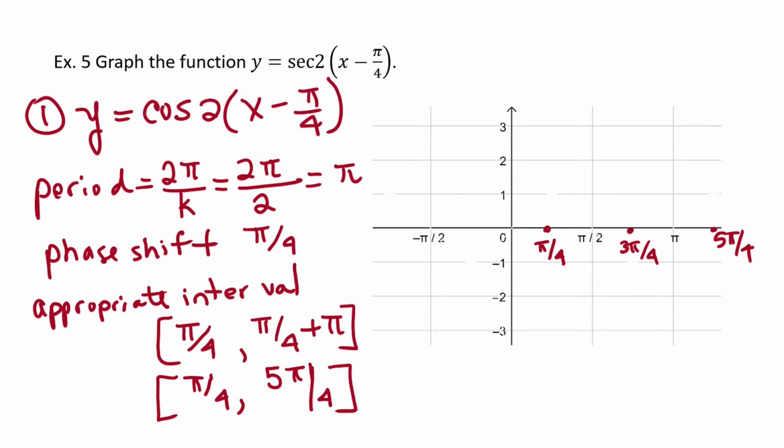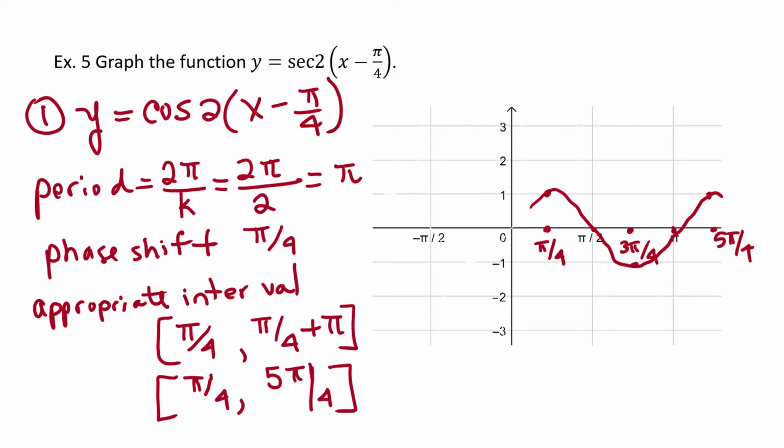Okay. Now let's sketch the cosine. There's no change in the amplitude, so we'll mark the high point, the 0, -1, the 0, and the 1. And so we now have a sketch of the cosine function. So if you were asked for the cosine, you would be done.